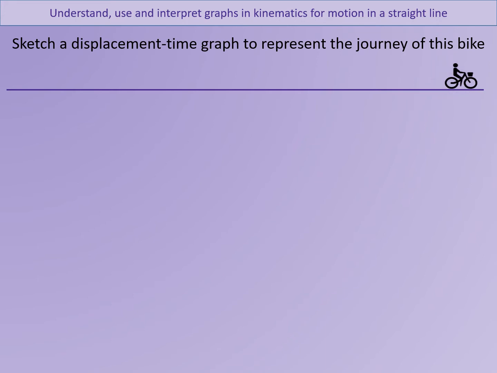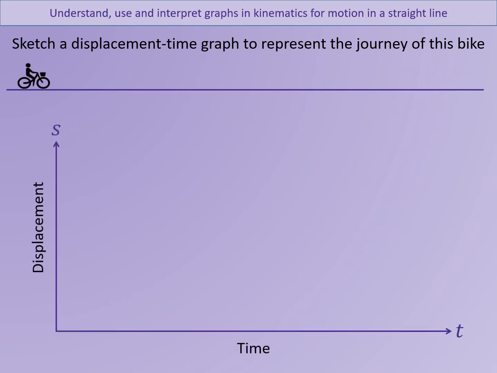So pause the slide and have a go at sketching the displacement time graph for that journey. Okay, so here are the axes. We have time along the bottom, we have displacement up the side, and we're going to draw the graph as the journey goes on.